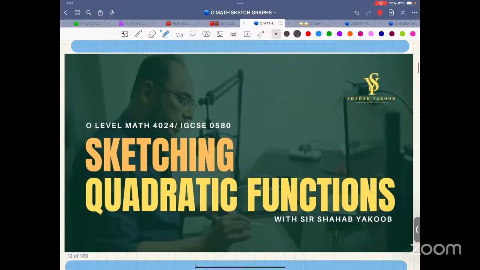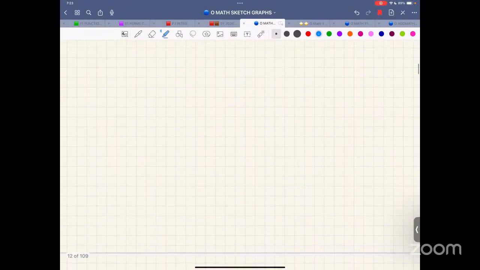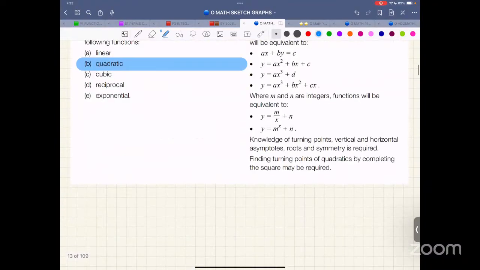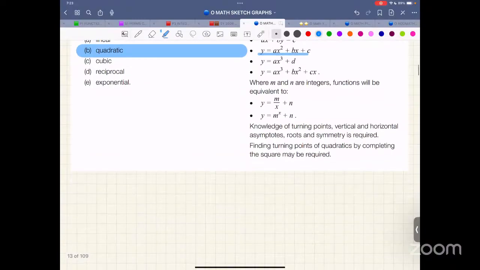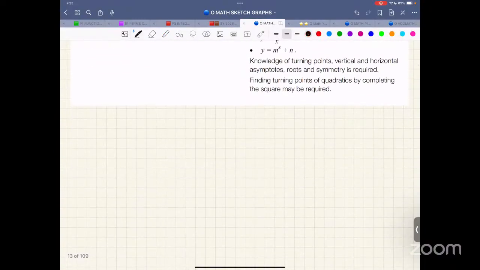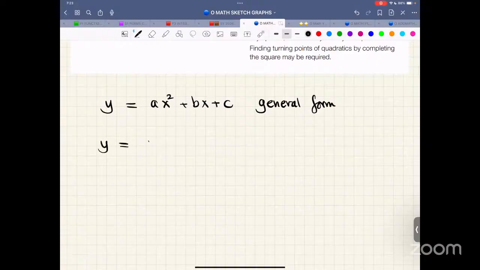So now let's talk about quadratics. Yes, this does take time. There are 3 formats of quadratic. They have just written the general form, that is this. But actually there are 3 of them. y = ax² + bx + c. This is called the general form. Then we have y = a(x - p)(x - q).